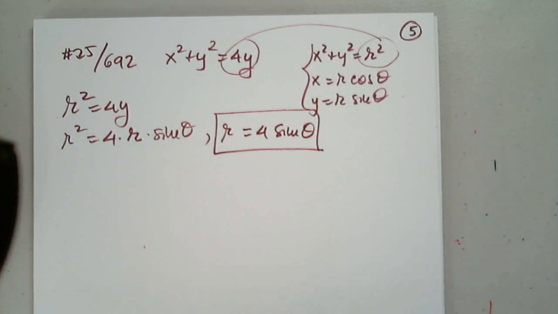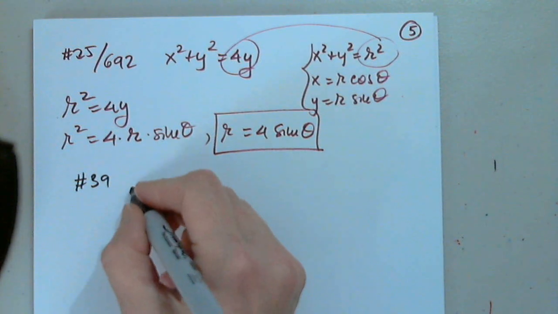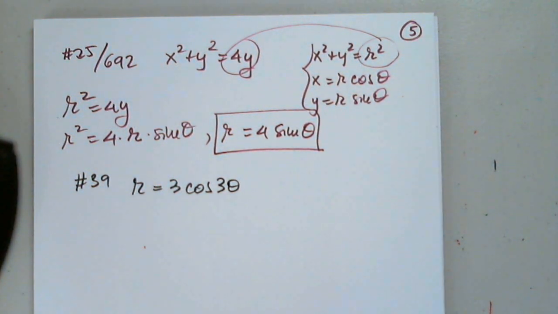Okay, final example. Let's work on graphing, which is quite cumbersome. So r equals 3 cosine 3 theta.